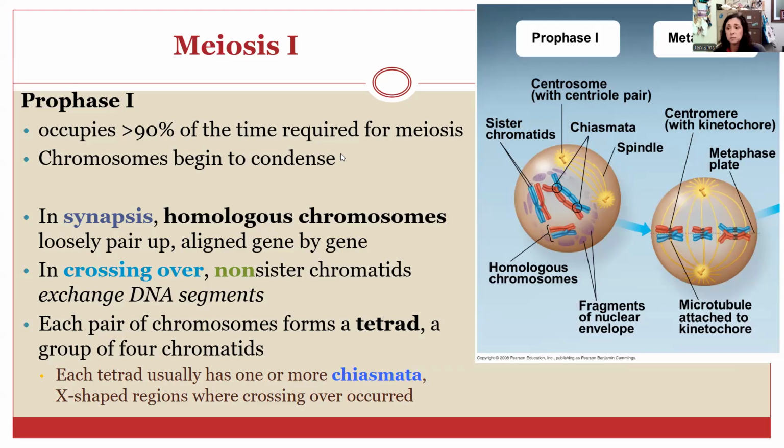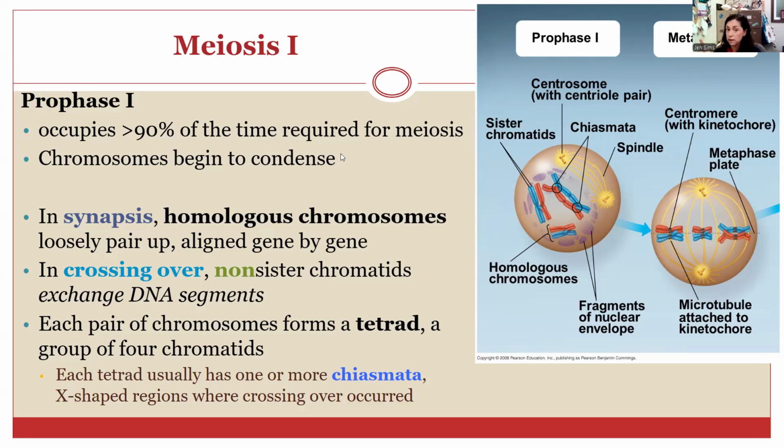So the chromosomes begin to condense, and then they're going to do something kind of crazy. They're going to go through this process called synapsis. Now, here's the important thing. You know how those homologs line up on the metaphase plate, and then the homologs separate in meiosis 1?